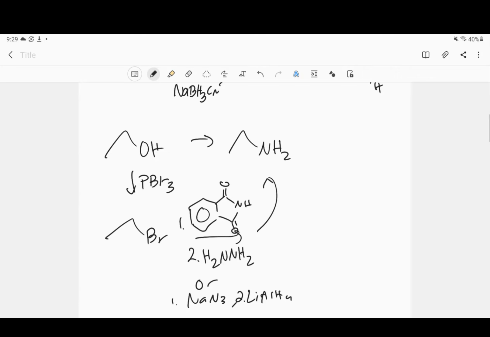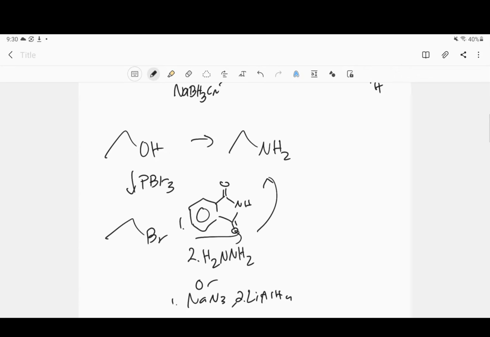You cannot do Gabriel synthesis to make a primary amine on a tertiary substrate, if that makes sense. Same with azide, because they both go through an SN2 type mechanism. So you can't make an amine on a tertiary site. Since both these are primary, it's not a problem. You can do them on secondary as well. A secondary alkyl bromide will undergo both of these, but it'll still give you a primary amine, since the names mean different things. Okay.